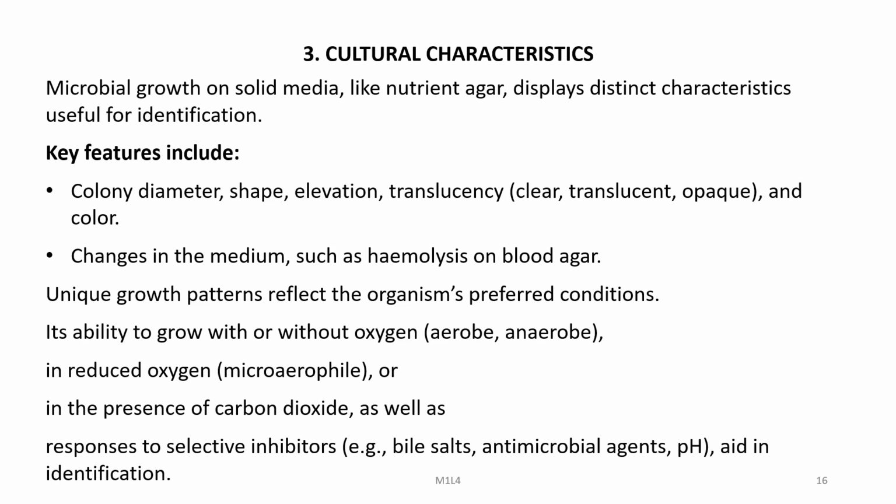Changes in the medium such as hemolysis on blood agar. Unique growth patterns reflect the organism's preferred conditions. Its ability to grow with or without oxygen, whether it is aerobic or anaerobic, in reduced oxygen, microaerophile, or in the presence of carbon dioxide, as well as responses to selective inhibitors like bile salts, antimicrobial agents, and pH, aid in the identification.